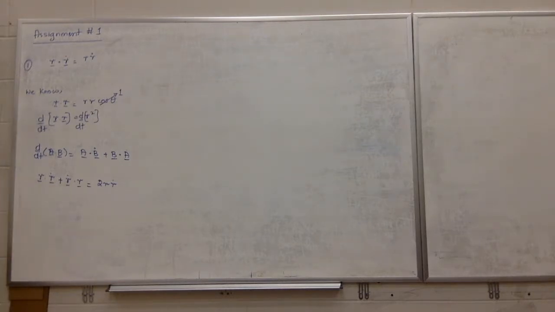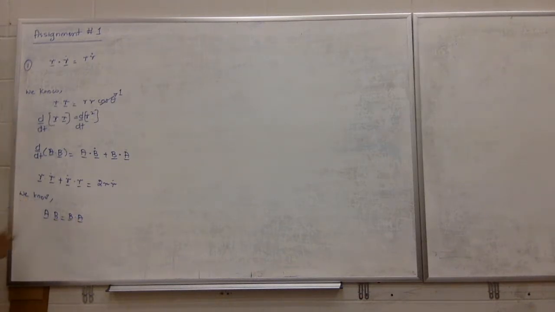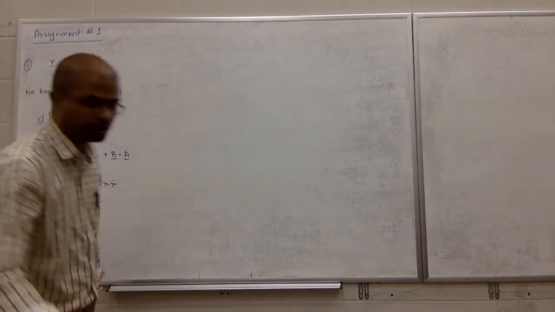That's fine. Here, you know a dot b is equal to b dot a, correct? We know this dot product is commutative.